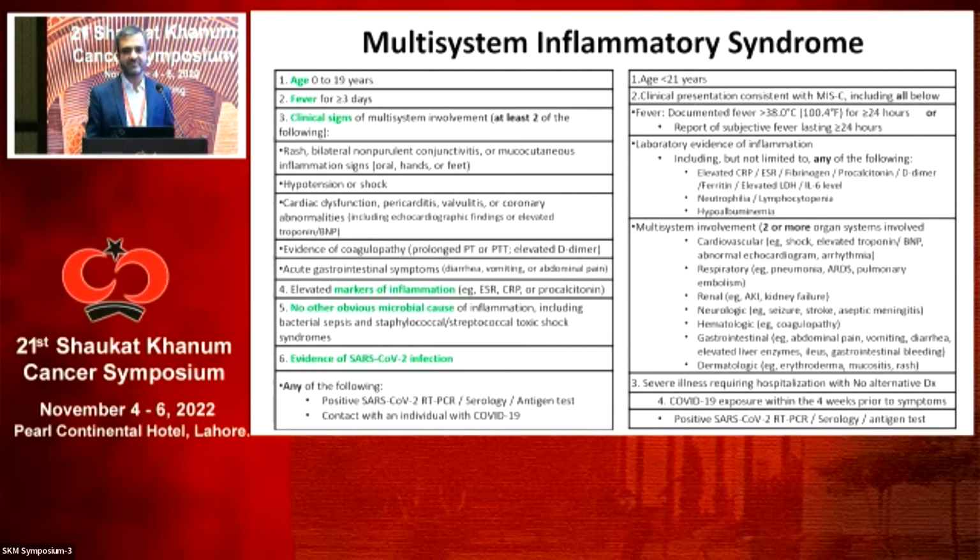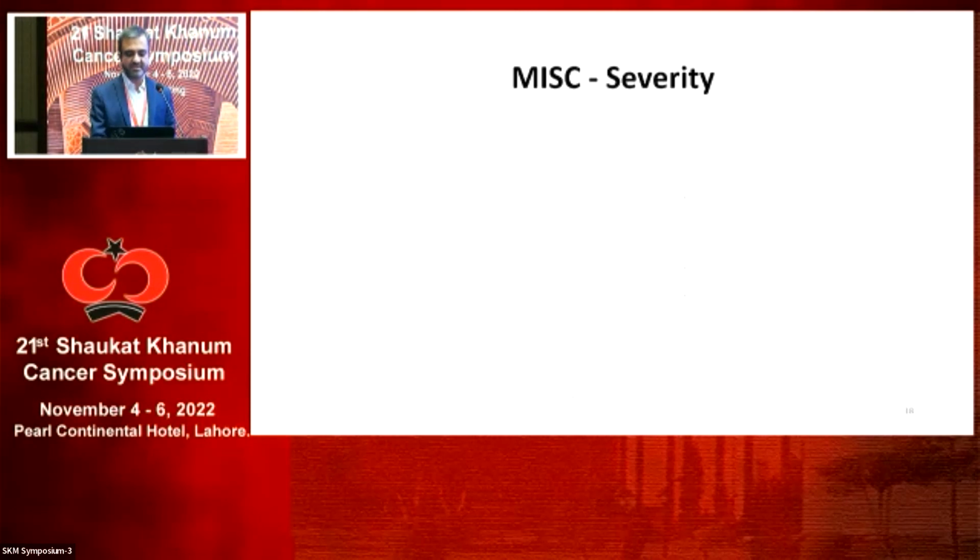Obviously, we need to have some evidence of COVID exposure in the form of positive serology or PCR. So this is the WHO definition, and the other definition is from the CDC US.